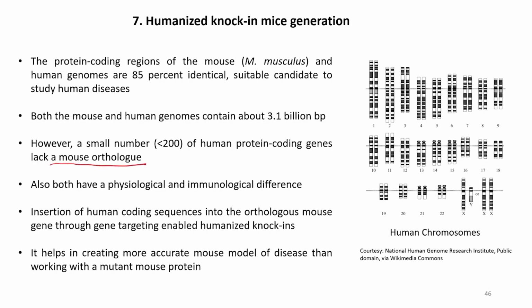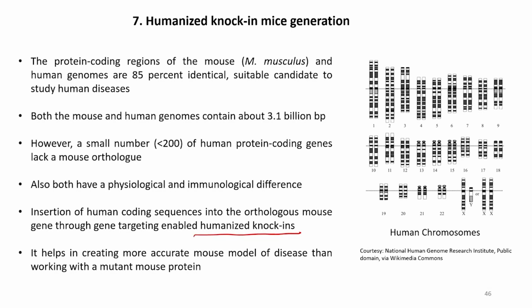And both these organisms have different physiological and immunological features or properties or characteristics. Therefore, insertion of human coding sequences into the orthologous mouse gene through gene targeting would make us capable of obtaining humanized knock-ins.